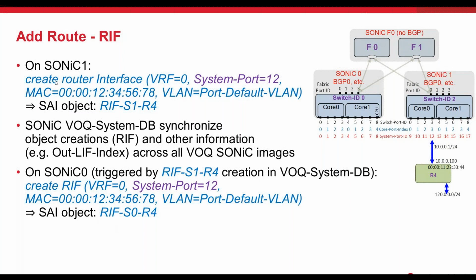So on SONiC number 1, we create router interface. This is an existing API call. You call it with VRF. I'm using the default VRF. It doesn't matter here. And then the change is that we have to change the header of the router interface create and enable it to also accept system port and not only a local port.